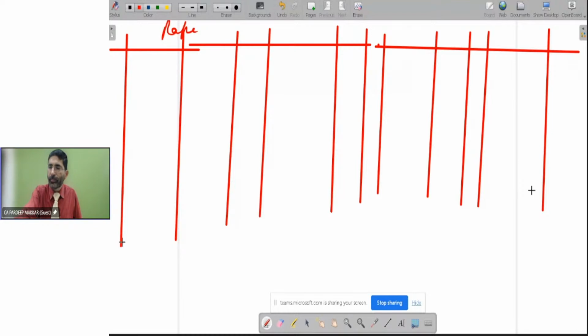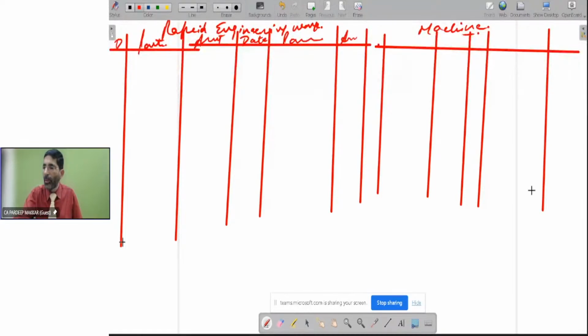So this is the account of Rapid Engineering Works, and this is the account of machine. Okay. So date is there, particulars are there, amount.